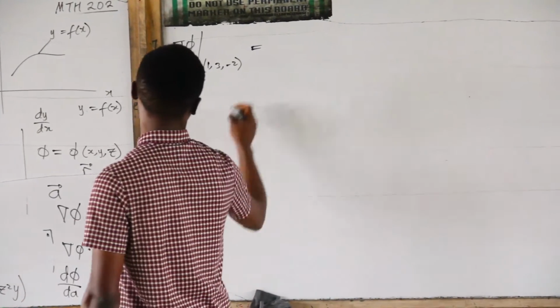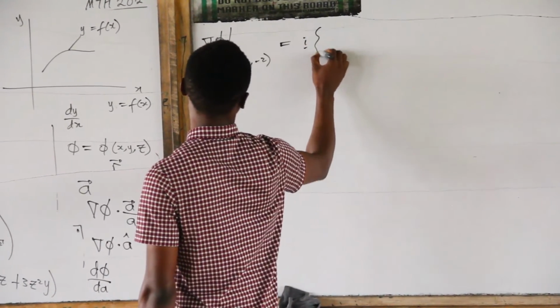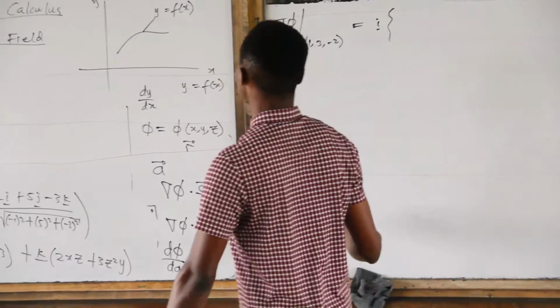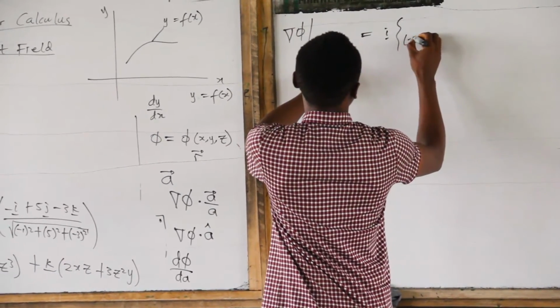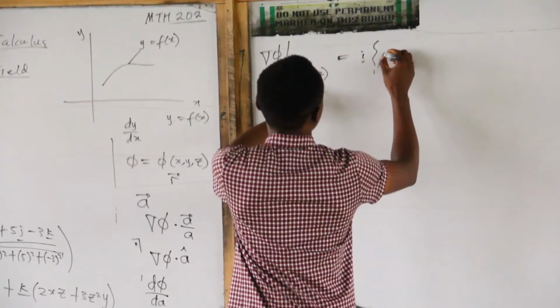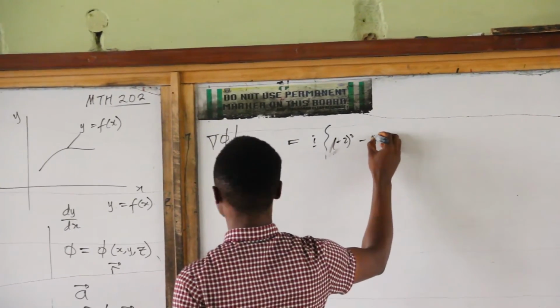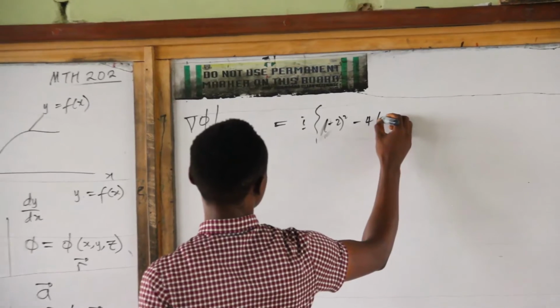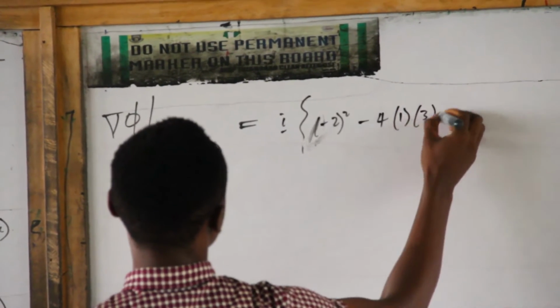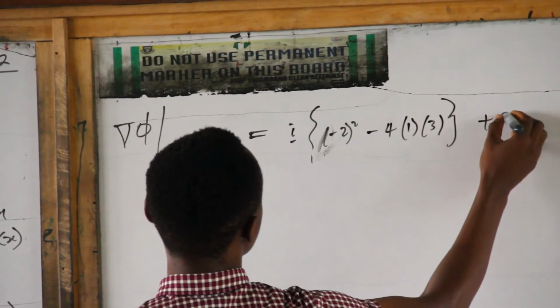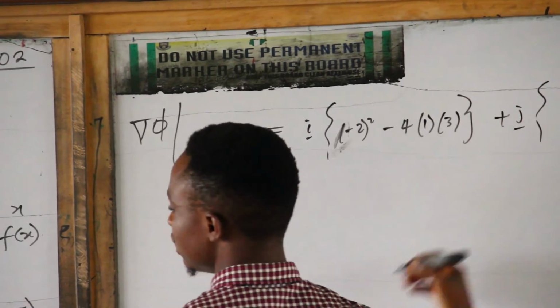I'm going to have this to be i times z squared. Our z is -2, so this is going to be (-2) squared minus 4xy, where x is 1, y is 3. I'll close the bracket. Plus j. Do you understand what I'm doing?